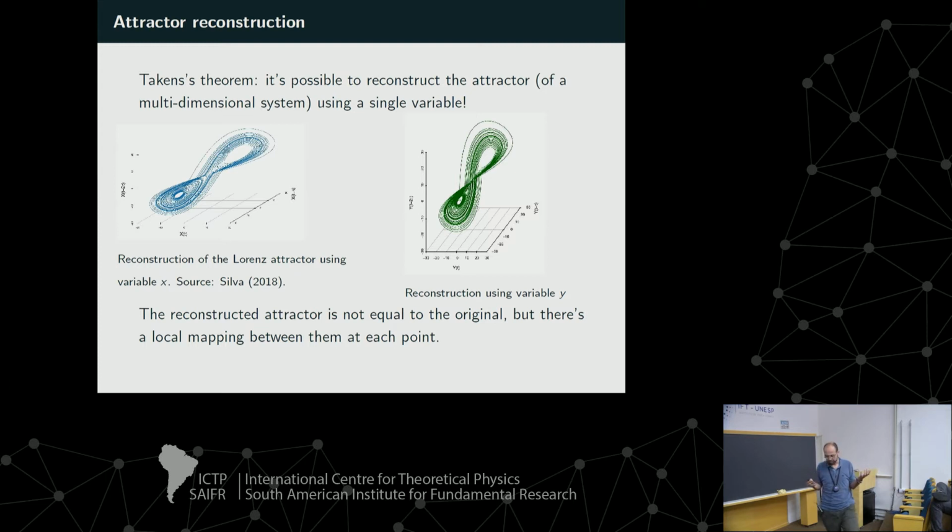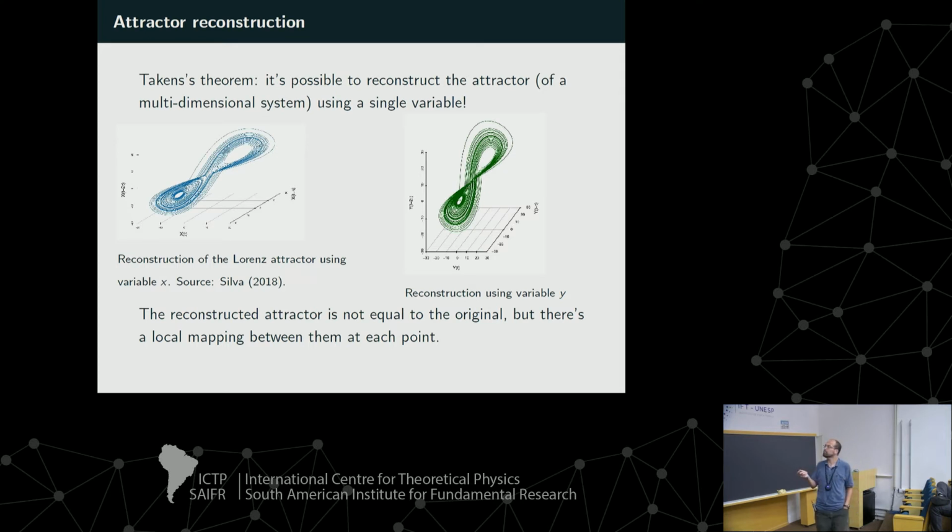This is a wonderful theorem. It's really non-trivial, really surprising, right? And here you do know the Lorenz attractor, right? The butterfly and so on. This is the reconstruction from the X variable only, and this is from the Y variable only. And you see that they're pretty similar, right?